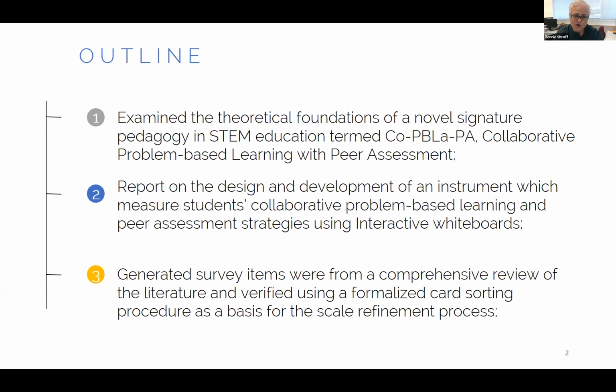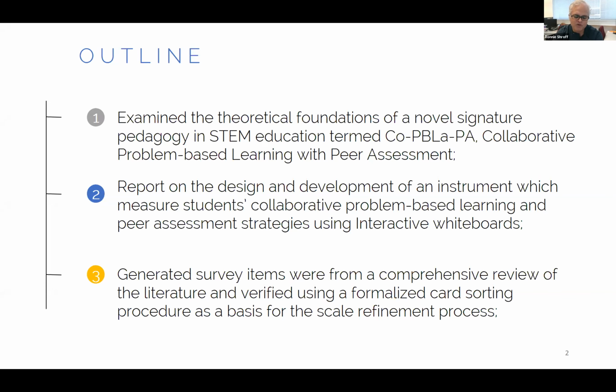Next on, I'm going to look at the report and design of the instrument development process. What do I mean by that? I'm actually going to look at how we measured students' collaborative problem-based learning and peer assessment strategies using these interactive whiteboards.